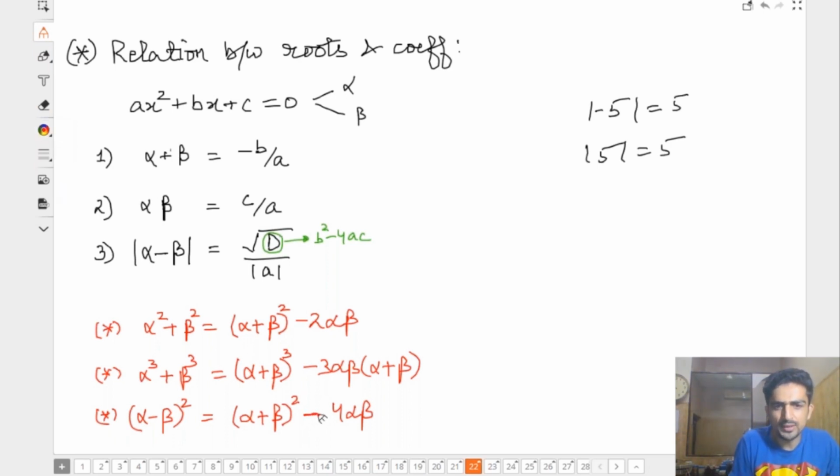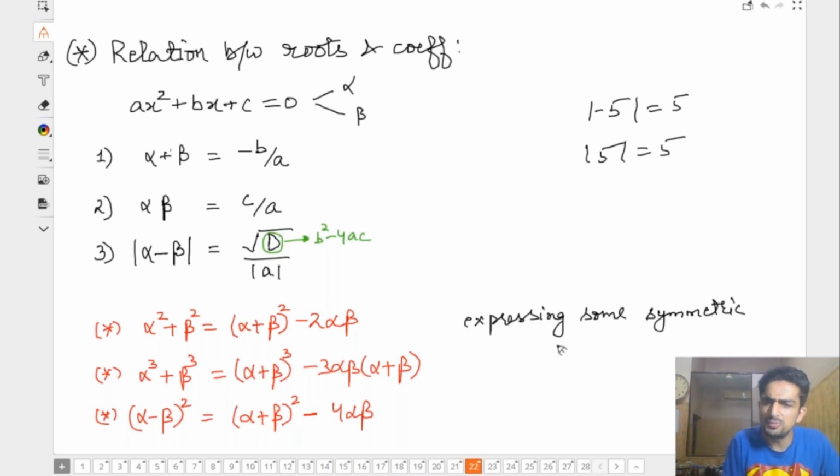What am I actually doing? Primarily, I'm trying to express these left-hand sides in terms of alpha plus beta and alpha into beta. These are symmetric expressions: alpha square plus beta square, alpha cube plus beta cube.